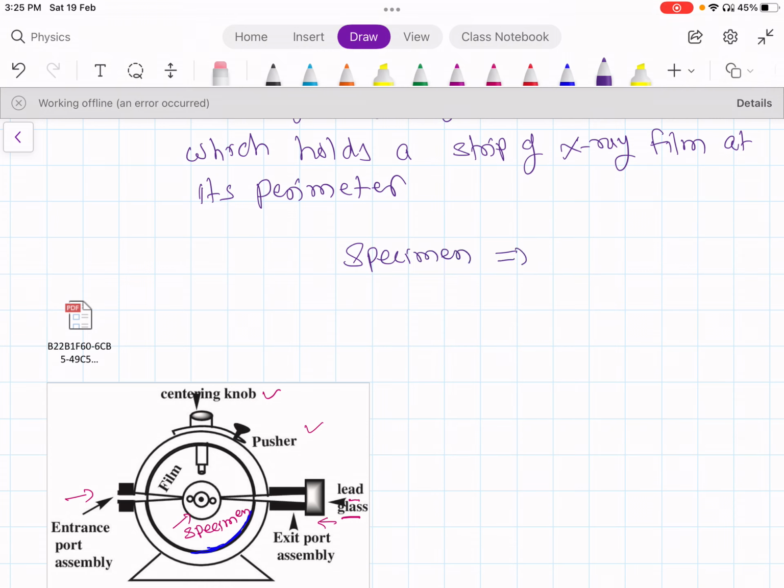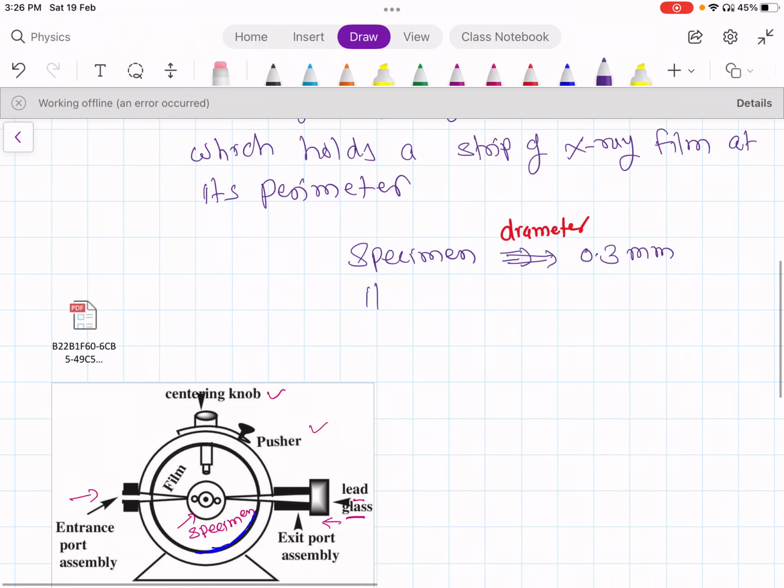The diameter of the specimen is around 0.3 mm, and it is placed on the axis of the cylinder.